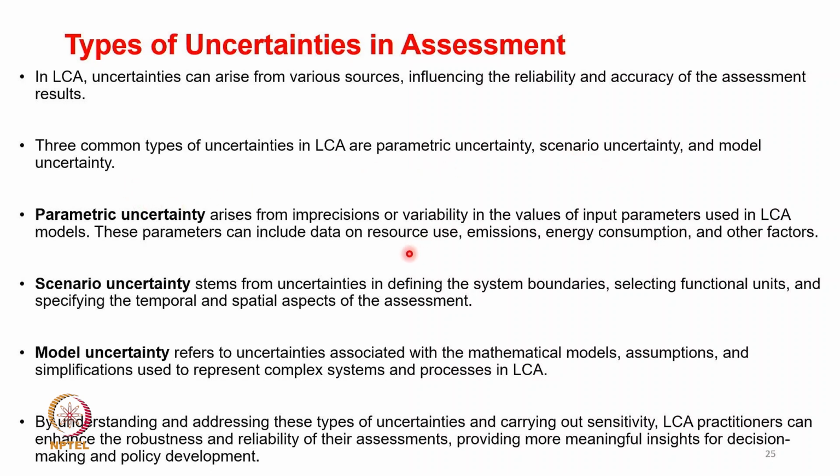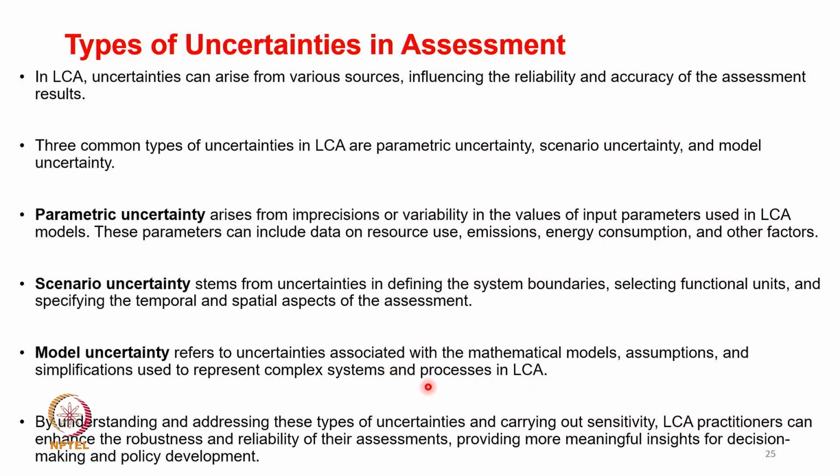What is parametric uncertainty? Parametric uncertainty arises from the imprecision or variability in the input parameters in the LCA model. These parameters can include data on resource use, emissions, energy consumption and other factors. Scenario uncertainty stems from the uncertainties in defining the system boundary, selecting the functional unit and specifying the temporal and spatial aspects of the assessment.